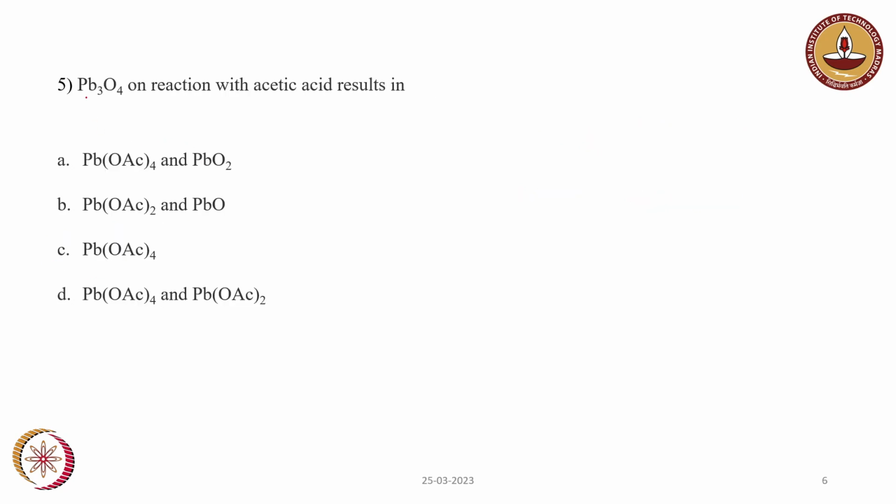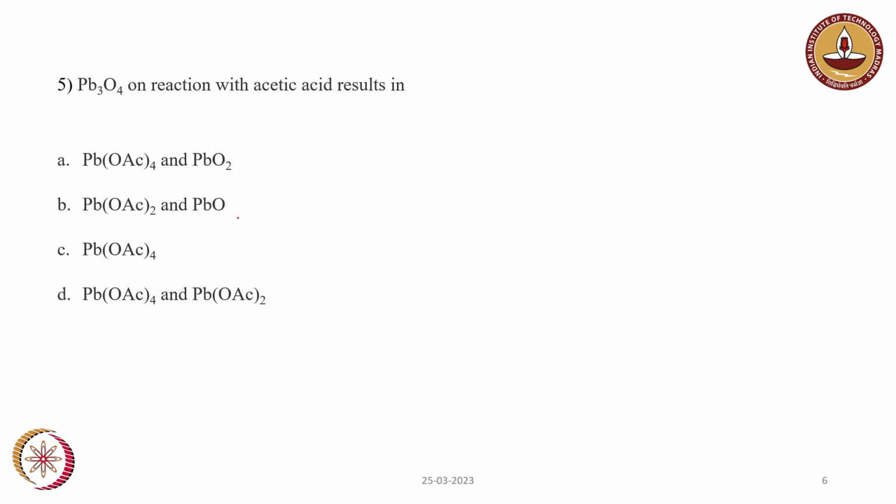And fifth question is Pb3O4 on reaction with acetic acid results in. Option A, Pb(OAc)4 and PbO2. Option B, Pb(OAc)2 and PbO. Option C is Pb(OAc)4, and option D is Pb(OAc)4 and Pb(OAc)2.